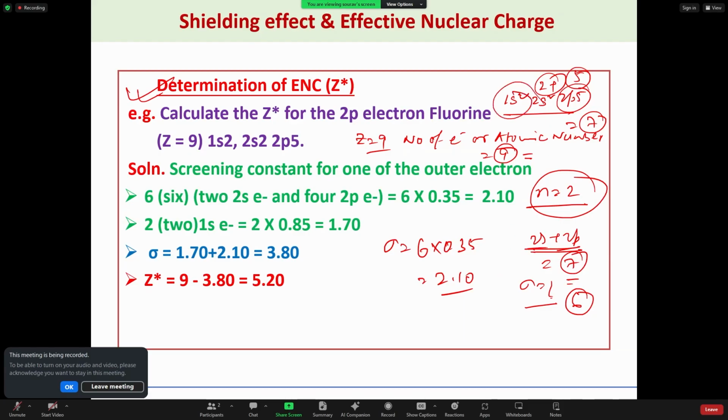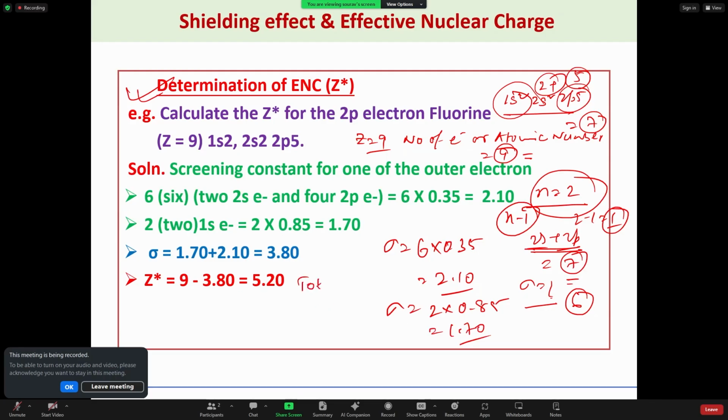Now the 1s orbital, that is n minus 1, 2 minus 1 equals 1. For that case there are 2 electrons, so 2 into 0.85, which is 1.70.